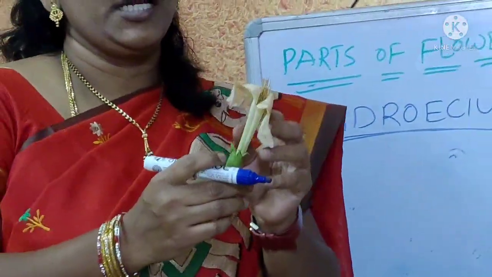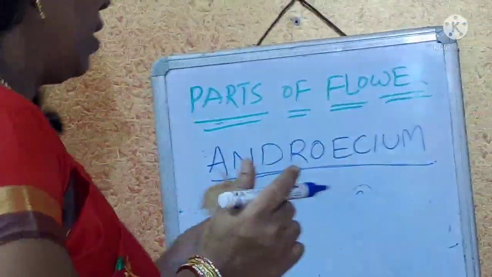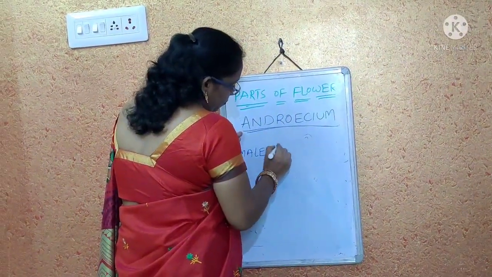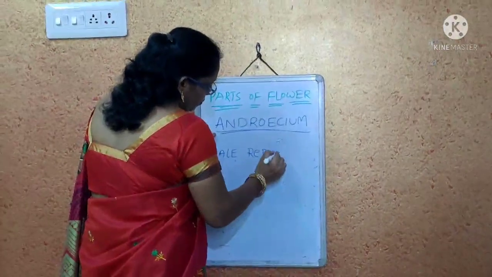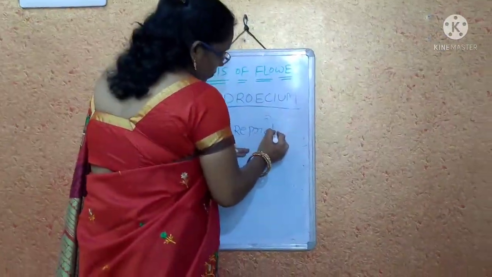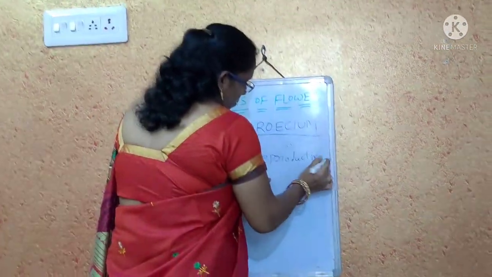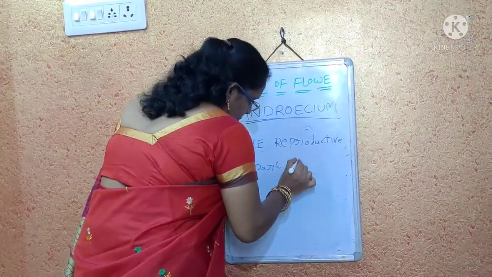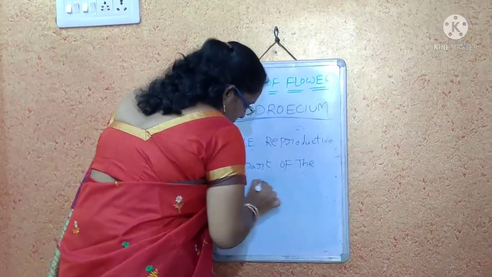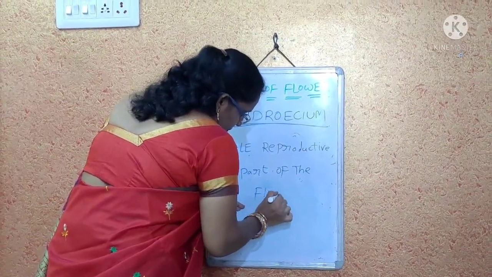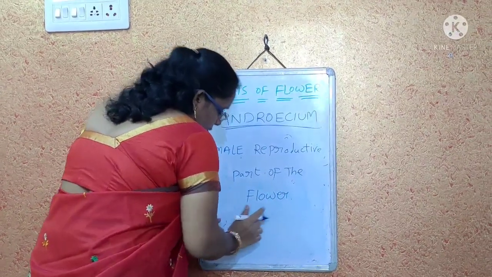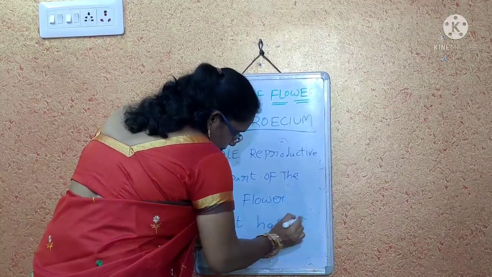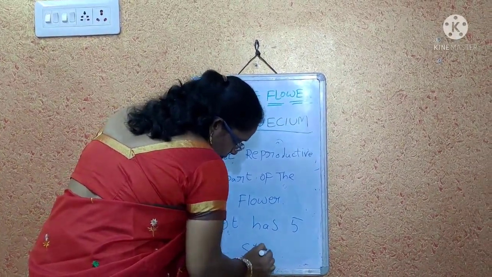Androecium is the male reproductive part of the flower. It has 5 stamens. Write down, children, all of you.